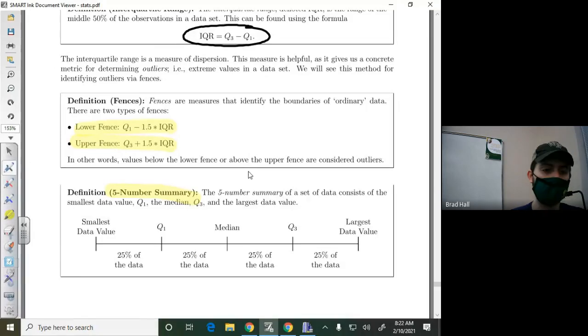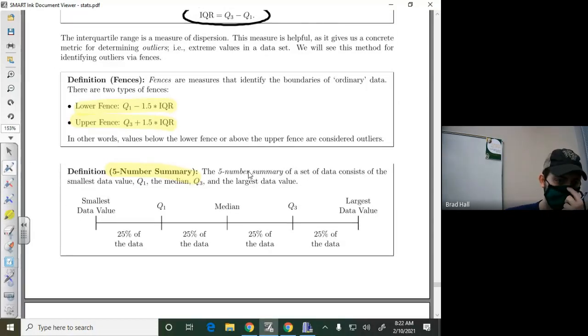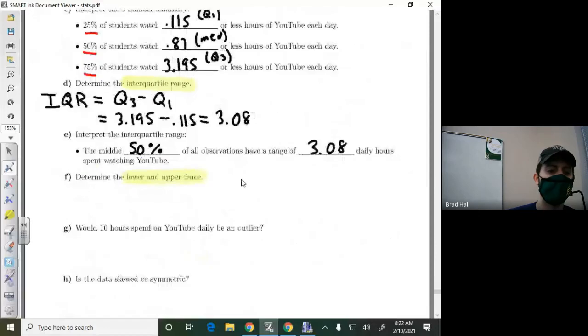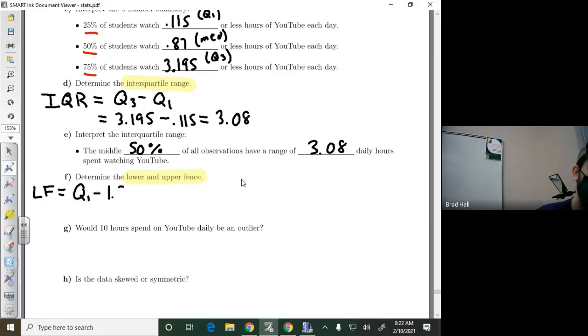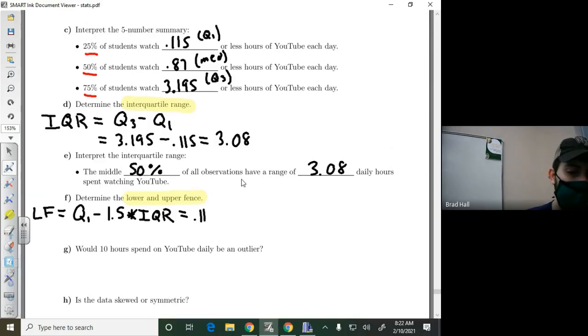The formulas are pretty straightforward, and I'll rewrite them here. The lower fence is equal to Q1 minus 1.5 times IQR, which are all values we already know. So Q1 we found to be 0.115 minus 1.5 times the IQR, which we found to be 3.08.